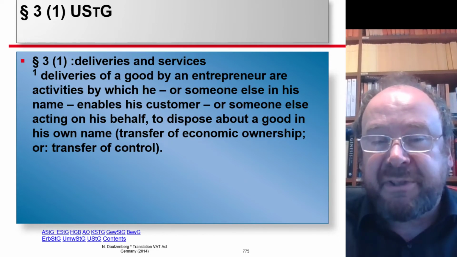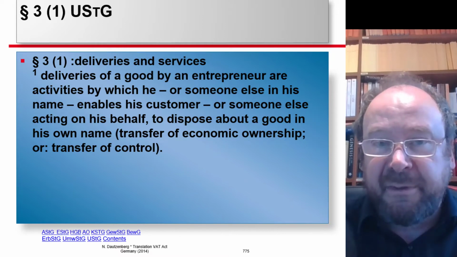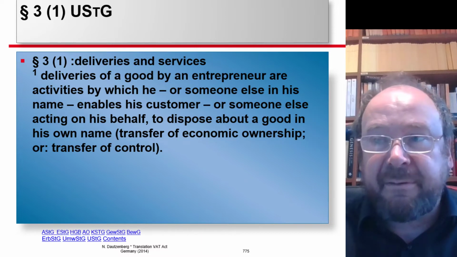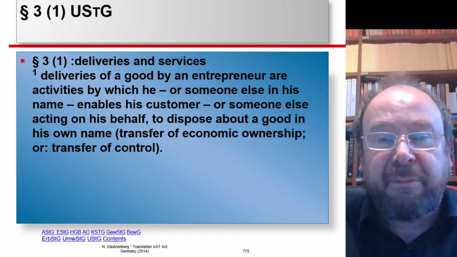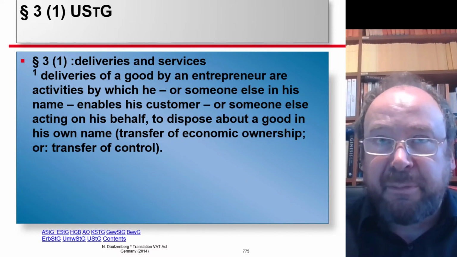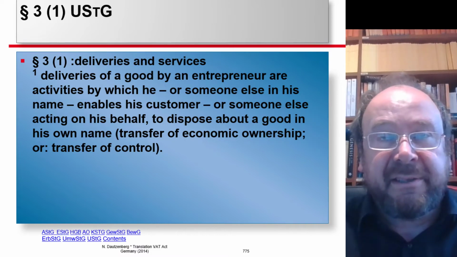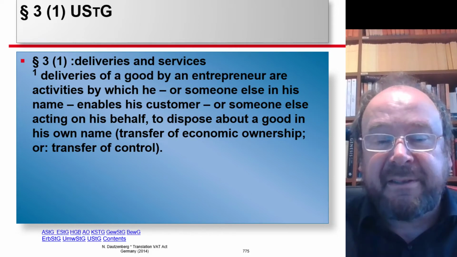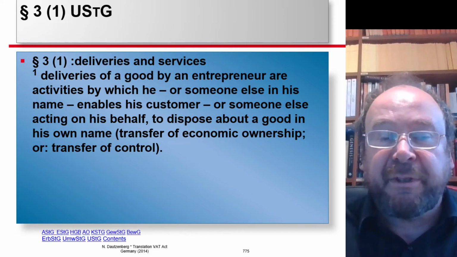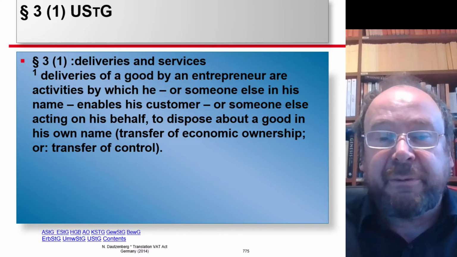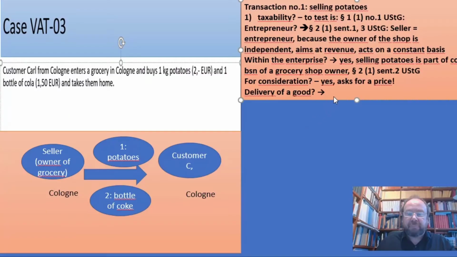Goods, potatoes are tangible goods. And if you sell them, you transfer ownership, the possibility to do with the potatoes whatever you like, to behave as an owner is able to behave. That is defined as the transfer of economic ownership, or that is defined as a delivery. So we have a delivery here.